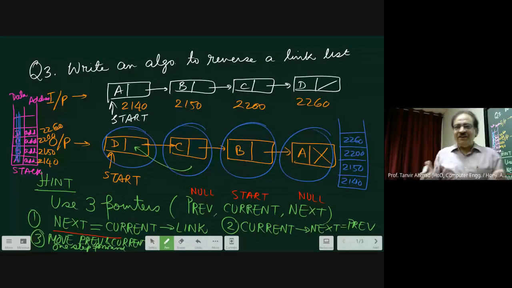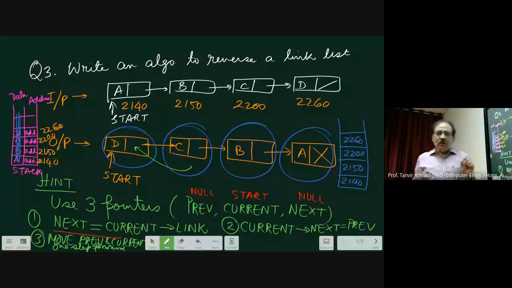Let us clear the doubts. Why 2n was said by one of the students is that once you are pushing A, B, C, D in the stack, it requires n times. Once you are popping the elements from there, it again requires n times. But what I said is that you are calling insert at end every time. How much time does insert at end take?